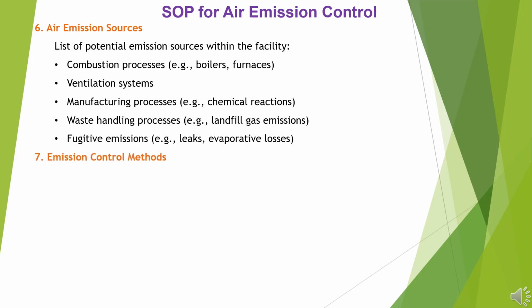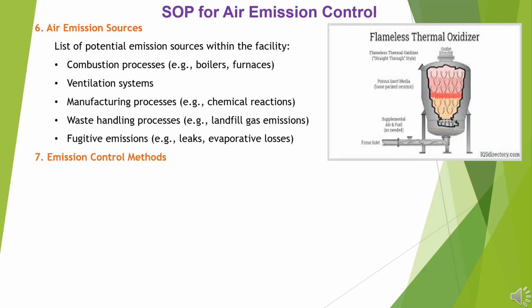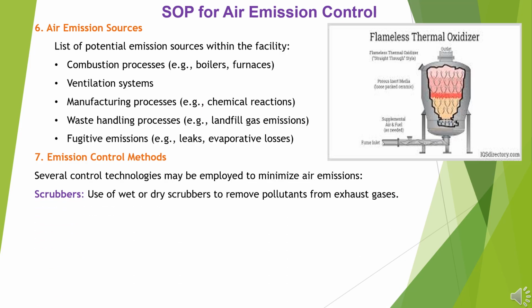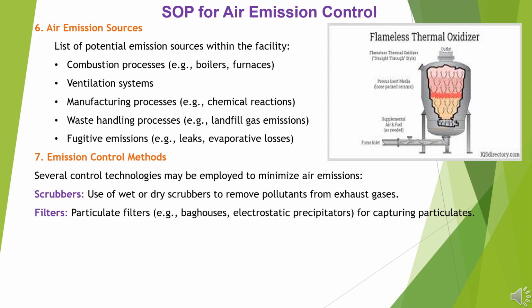7. Emission control methods. Several control technologies may be employed to minimize air emissions. Scrubbers: use of wet or dry scrubbers to remove pollutants from exhaust gases. Filters: particulate filters, e.g. baghouses, electrostatic precipitators, for capturing particulates.